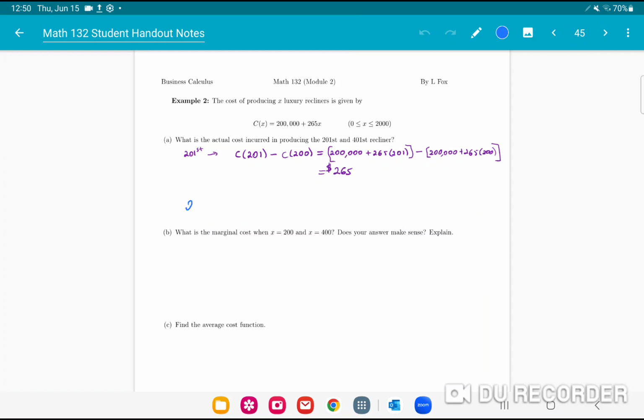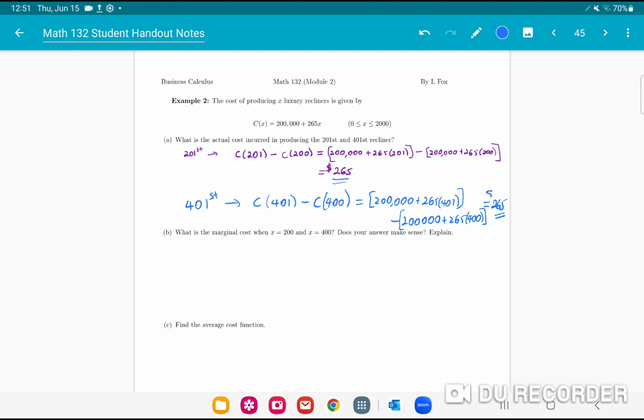All right, to do the 401st, we're going to calculate the cost for 401 minus the cost for 400, and that again is 200,000 plus 265 times 401 minus 200,000 plus 265 times 400, and again this will come out to be 265.